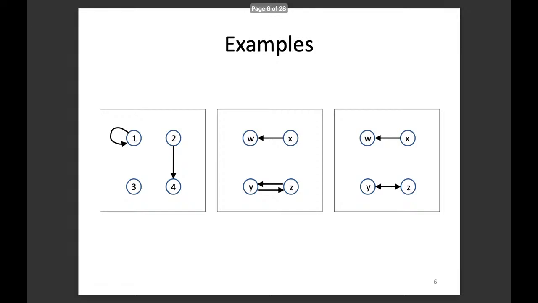So in that sense, in this example here, this is also a simple graph. We don't have an edge joining the same vertex to itself. Although we have an edge here from Z to Y, and another edge from Y to Z, these two are different edges.